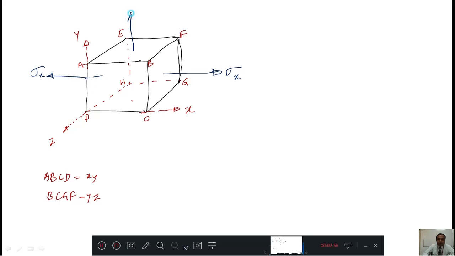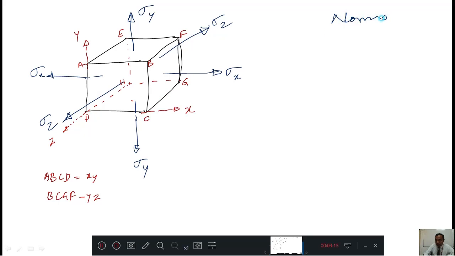Then the force acting perpendicular to this plane will be sigma y, and the resisting force is also sigma y, and this force is sigma z. Okay, normal stresses are done.